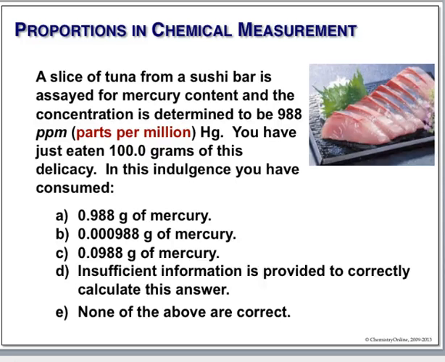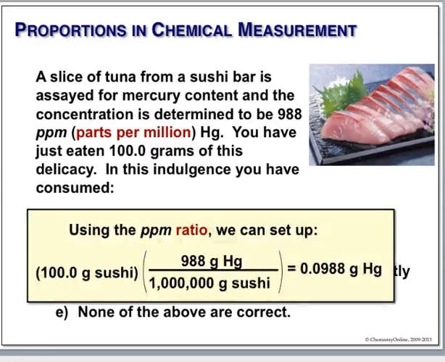Parts per million, we're looking at 988 grams of mercury in every million grams of sushi. We are given 100 grams of sushi, sushi cancels, and we're left with 988 milligrams of mercury.